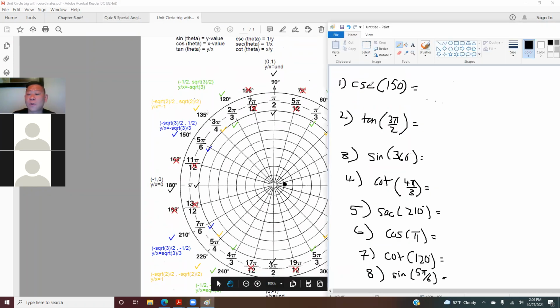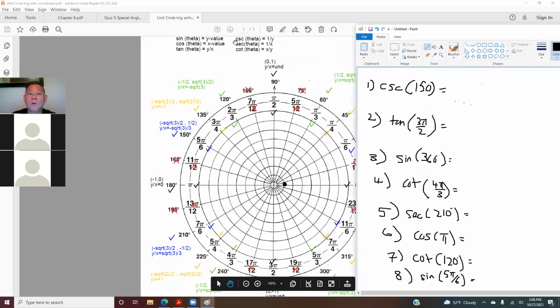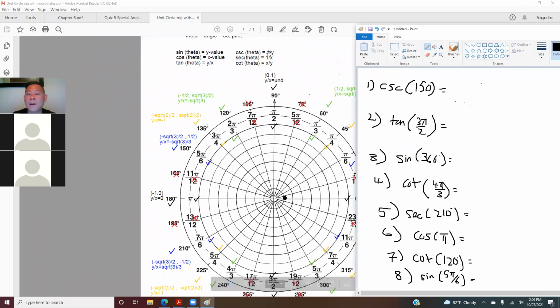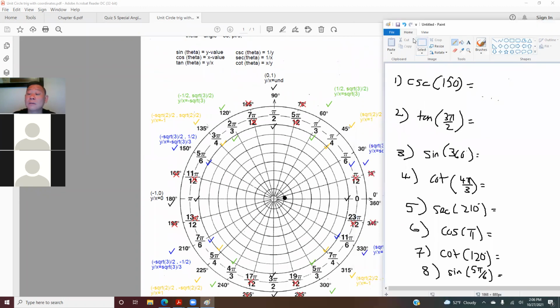If I ask for cosecant, cosecant is 1 over y. So can someone tell me, using this circle, where is 150 degrees? Second quadrant. This one, right? The blue one. And in order to find the cosecant, it's 1 over y.